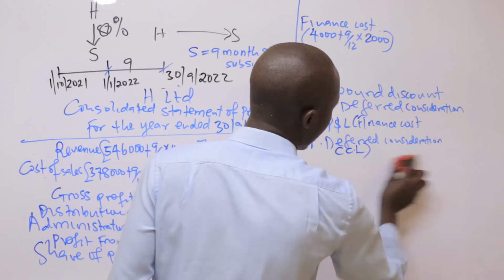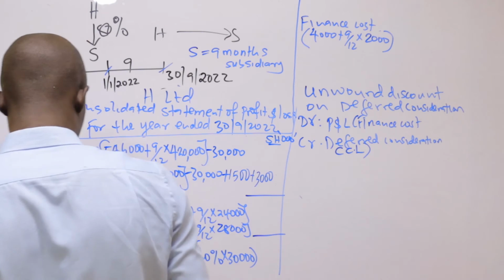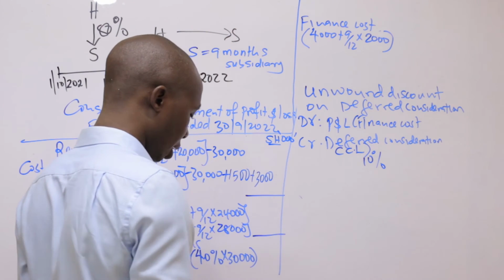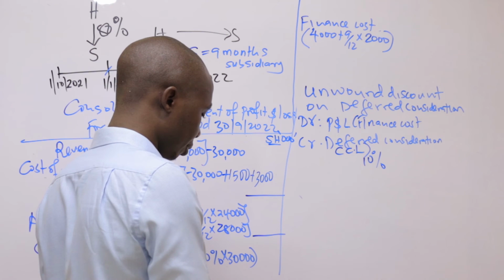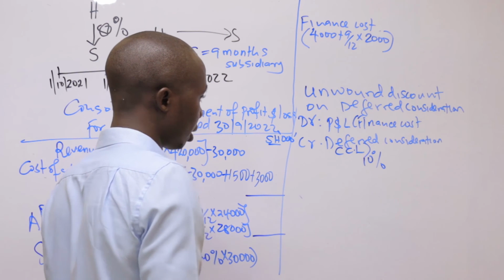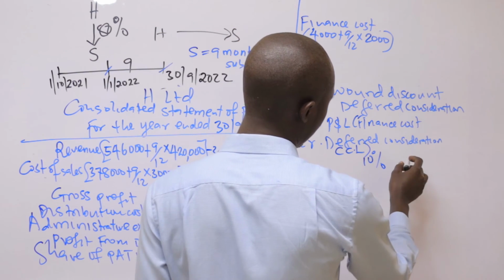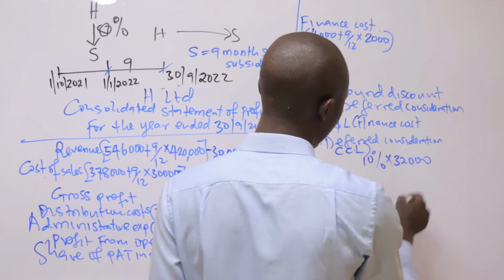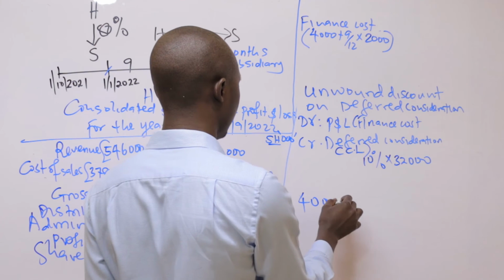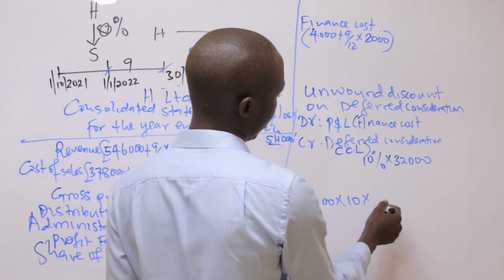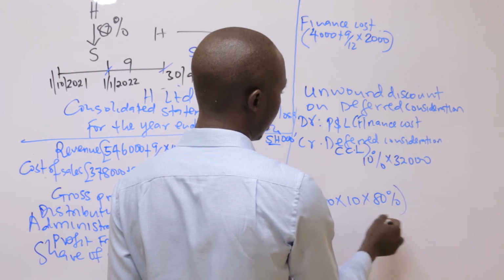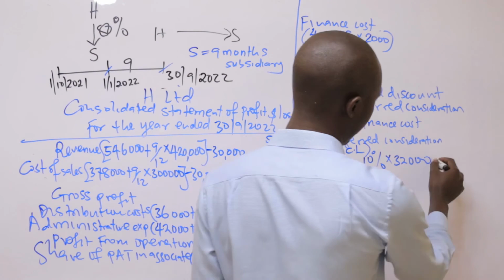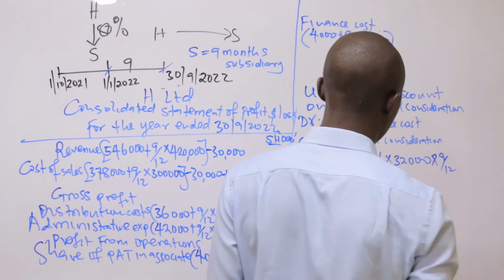How will we do this? Based on the information provided, you just take 10% times 32,000. Where is 32,000 coming from? It's 34,000 times 10 times the 80% acquired from the subsidiary company. Then we multiply for the months, 9/12.